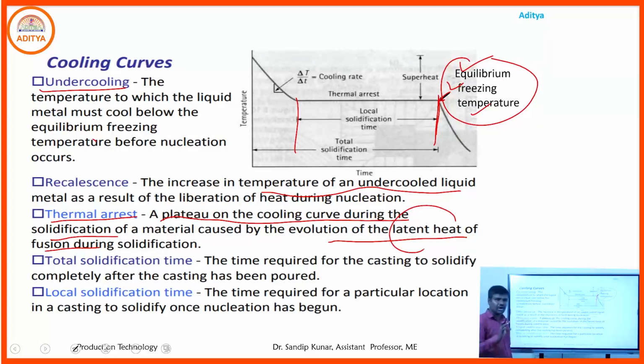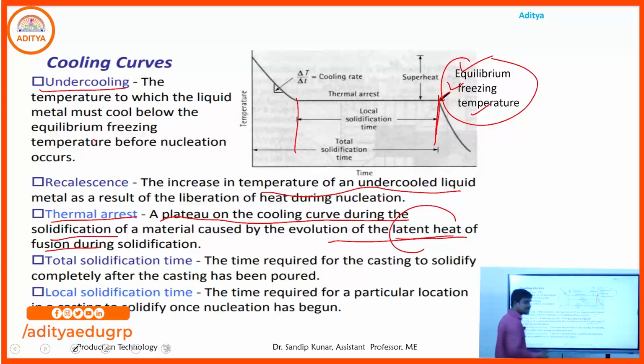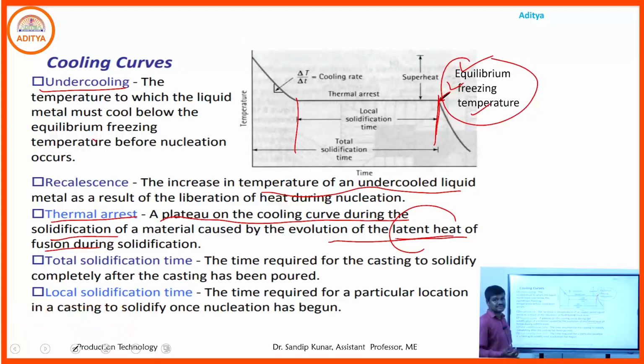Latent heat is used for change of the phase of the substance, and sensible heat is used to increase the temperature of the substance. That line is called thermal arrest, the constant temperature line.